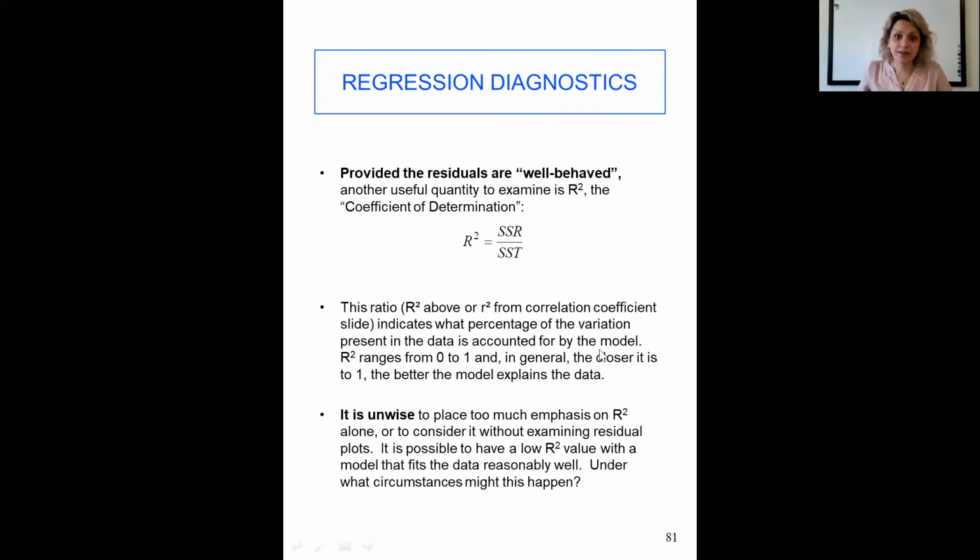The next thing in the analysis of the regressions that we want to talk about is this: provided the residuals are well behaved, another useful quantity to examine the regression model is the R square, or the coefficient of determination. Probably you have seen this R square 1,000 times.